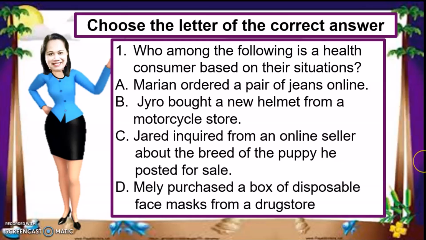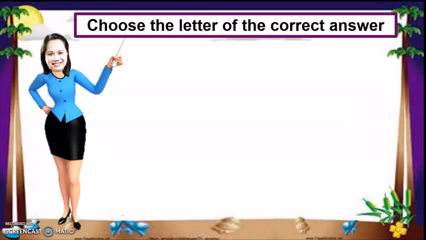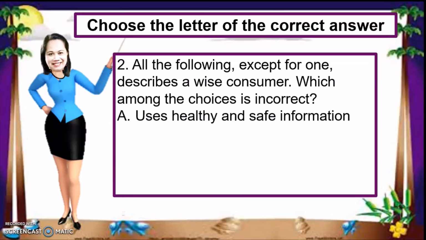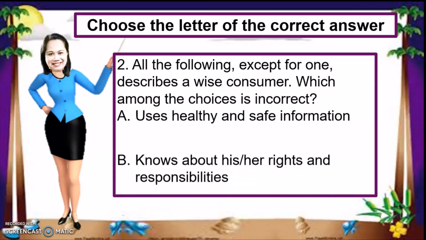Choose the letter of the correct answer. Next, number 2. All the following except for one, again, except for one, describe a wise consumer. Which among the choices is incorrect? Okay, letter A, uses health and safety information.